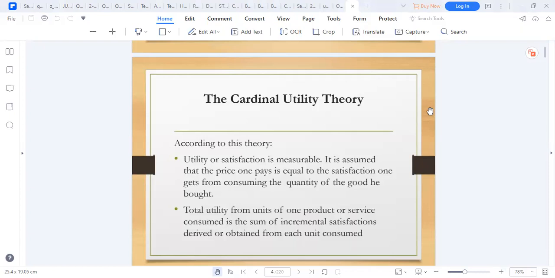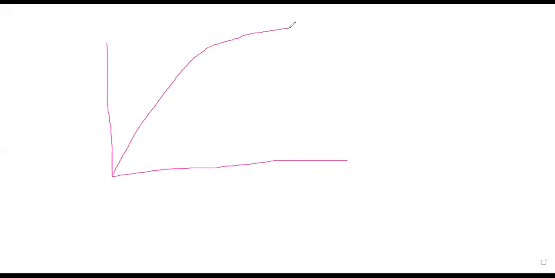All right, so total utility, we are told, from one unit of the service is the sum of the incremental satisfaction that is obtained. So when you're talking about total utility, it works on the law of diminishing returns. So if we have a function like this here, one additional unit adds to the total utility.